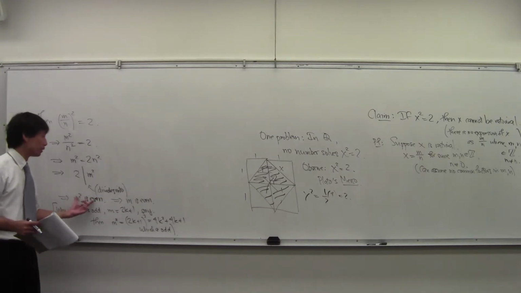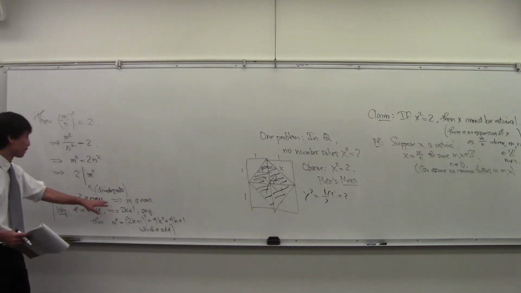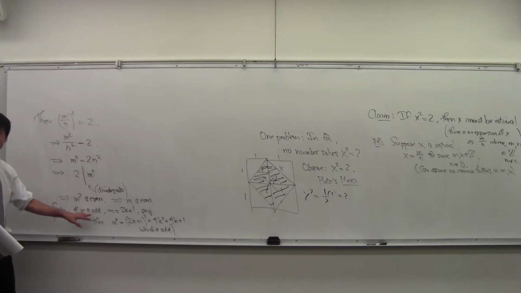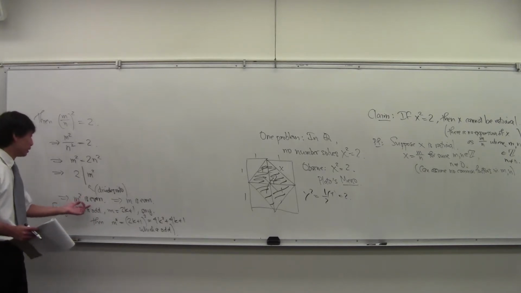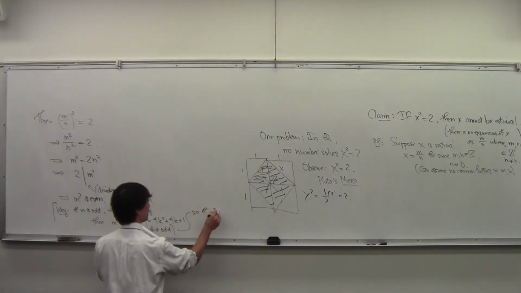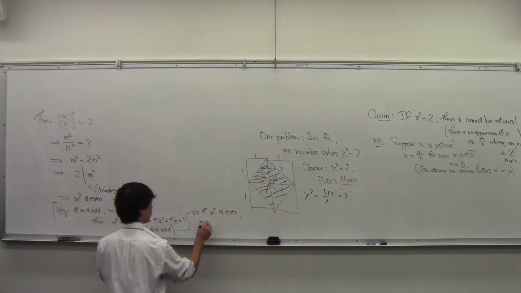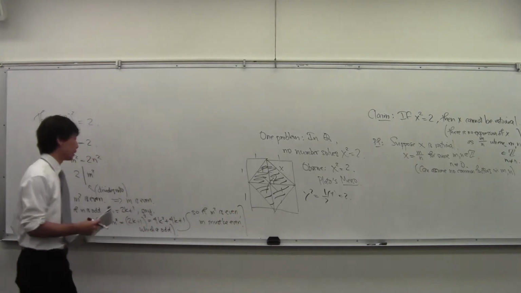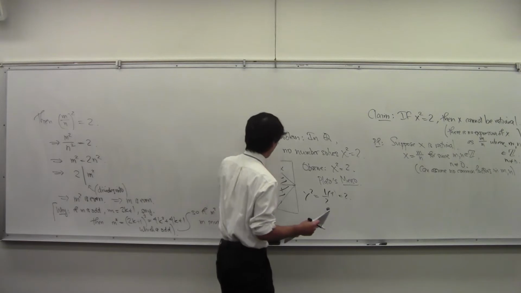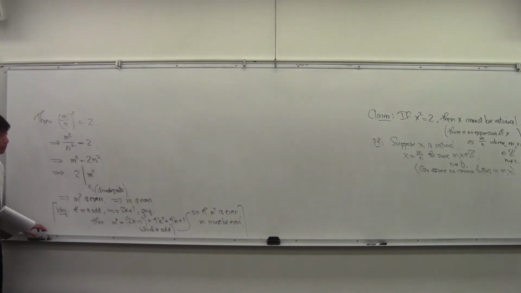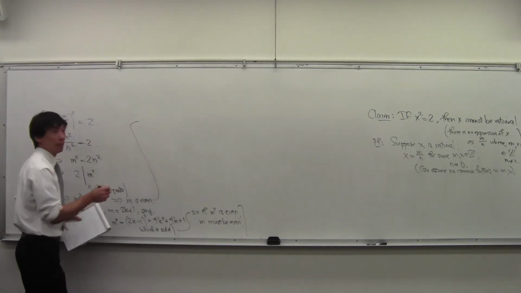So, we're proving the contrapositive here, right? So if m squared is even, then m must be even. Okay. So m is even.